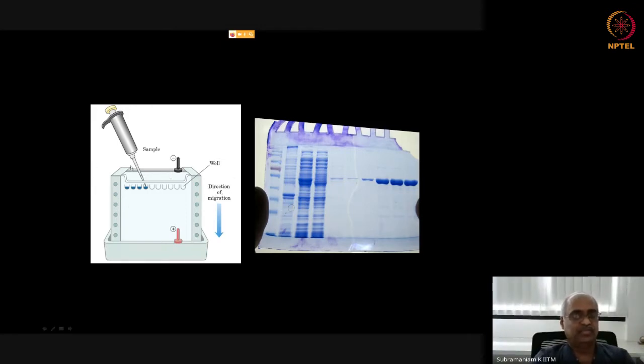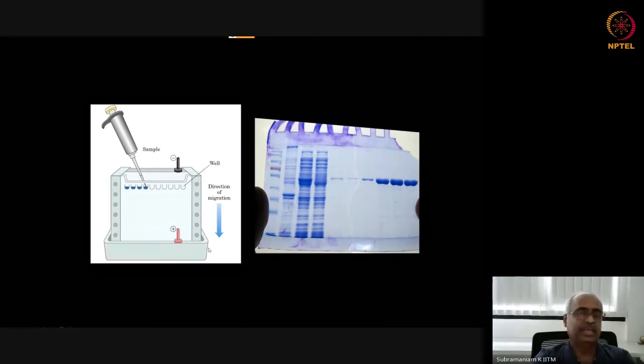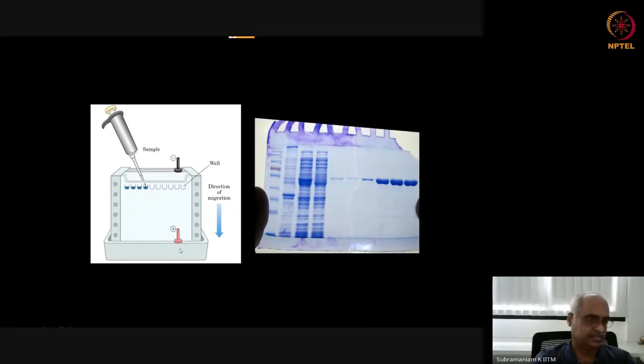If you have electrodes on the top and bottom as shown here, electric current will flow through, because the buffer in which this acrylamide is polymerized, as well as the buffer on the top and bottom, have ions to conduct electricity.